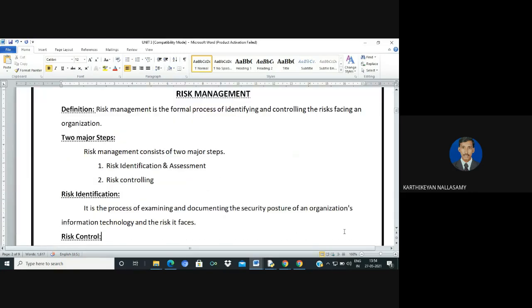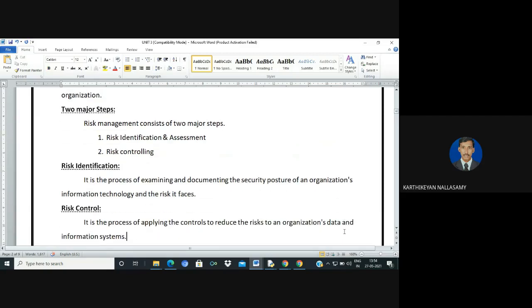First, I am going to talk about what risk identification is. Let us introduce risk identification and control now, and we will discuss them elaborately later.